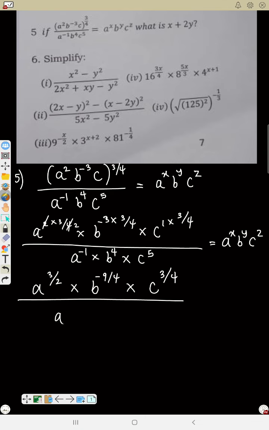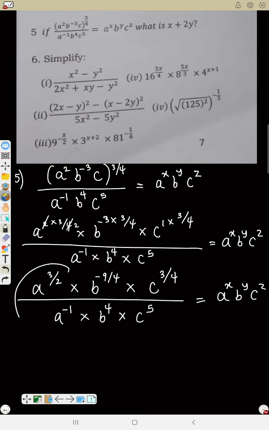Everything over a raised to power minus 1 times b raised to power 4 times c raised to power 5 is equal to a raised to power x, b raised to power y, c raised to power z.